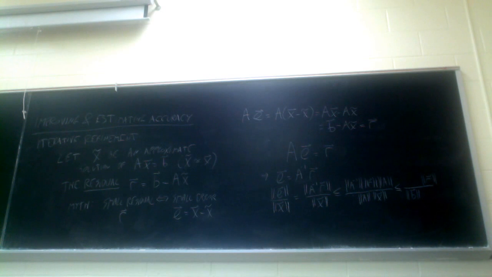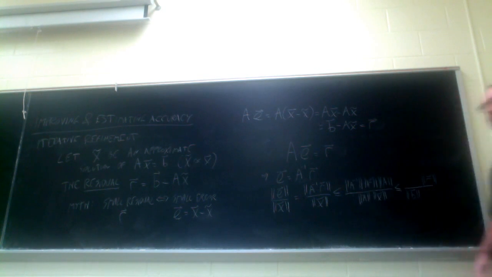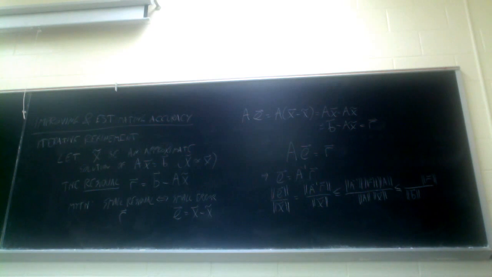Identity. No, we can't combine those because it's norm of A times norm of A inverse. If it was norm of the two together, then yes, but once they're separated, you can't do it.